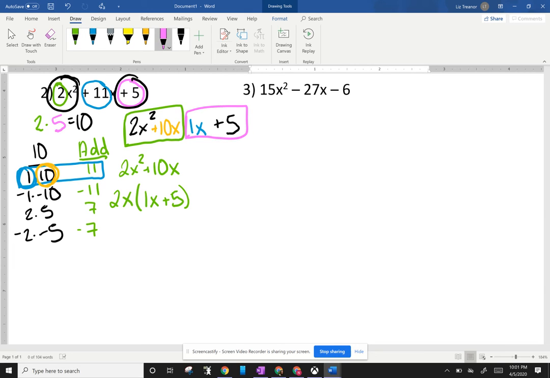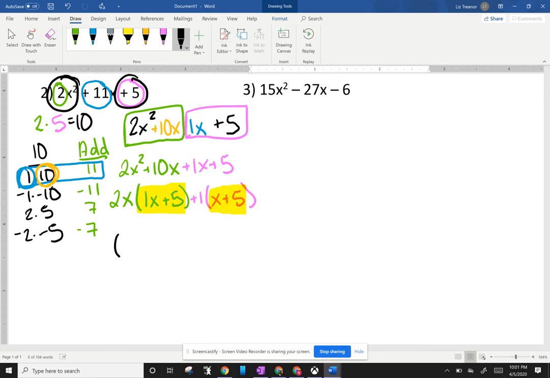Now, let's focus on the plus 1x plus 5. The GCF of 1 and 5 is just 1. So we're going to do plus 1. We can't factor out an x because 5 doesn't have an x. So 1 times x plus 5 will give us x plus 5. Again, what's in the parentheses are equal, which is exactly what we need.